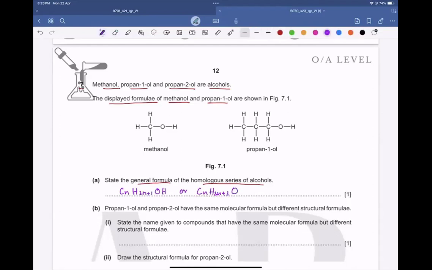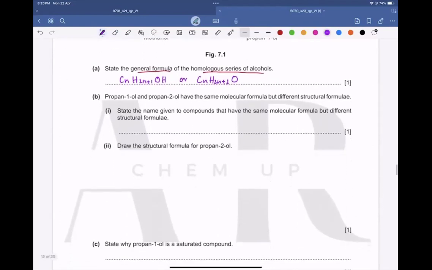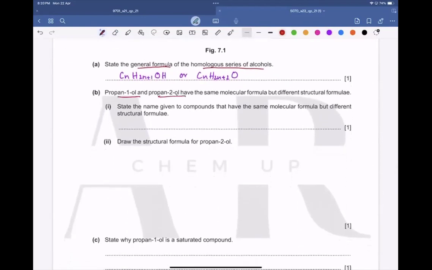You can write any one, but you have to remember this. Now, propan-1-ol and propan-2-ol have the same molecular formula but different structural formulae. State the name given to compounds that have the same molecular formula but different structural formulae. Yes, what do we call them?